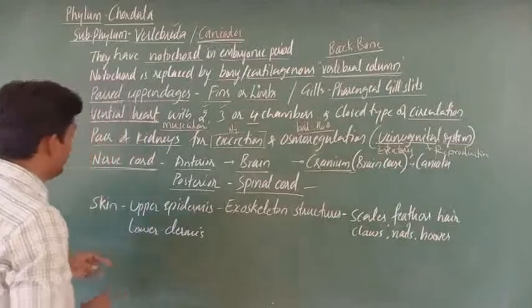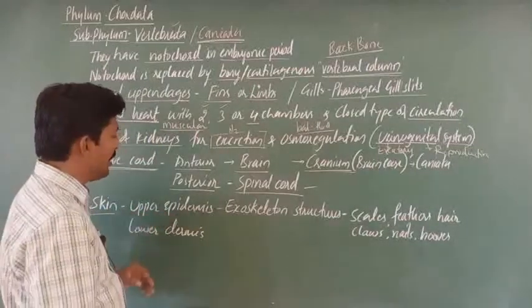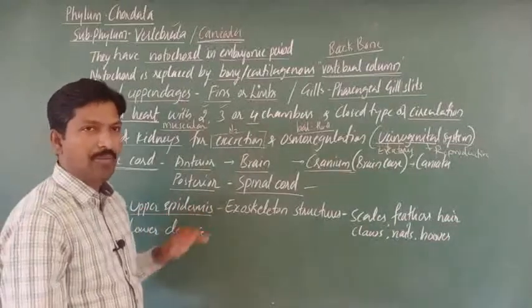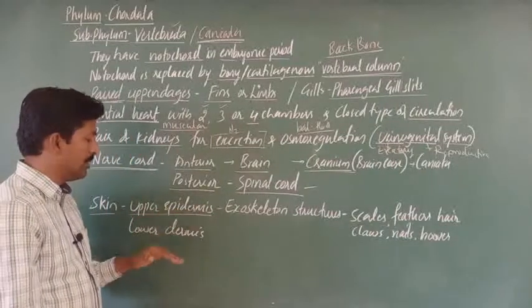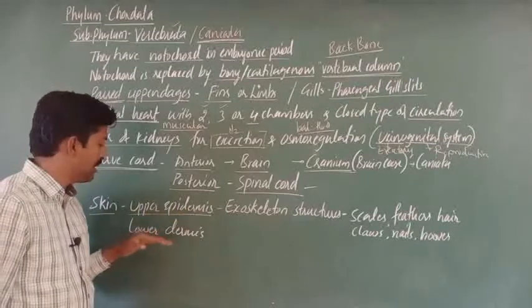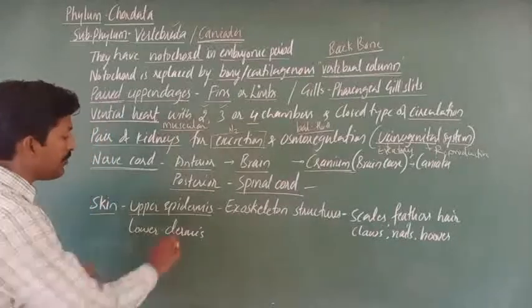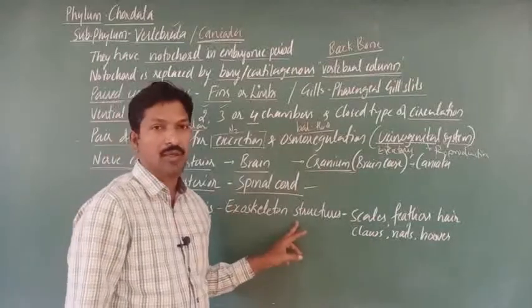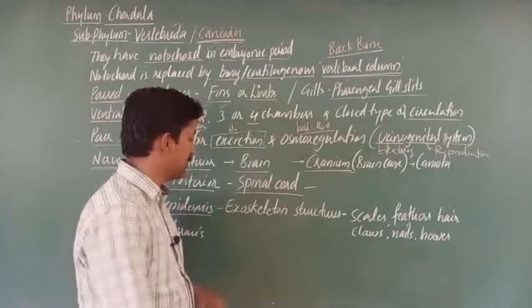Next, about the skin. The skin has two layers, upper and lower. The upper one is called the epidermis and the lower one is called the dermis, right. The epidermal layer of the skin forms the exoskeleton structures.